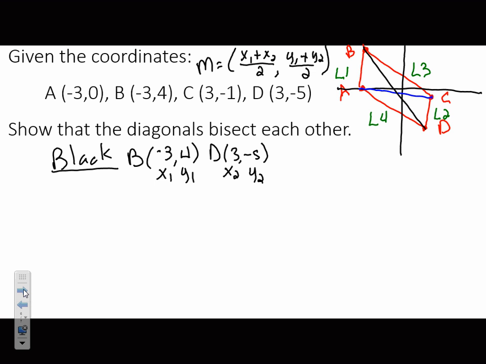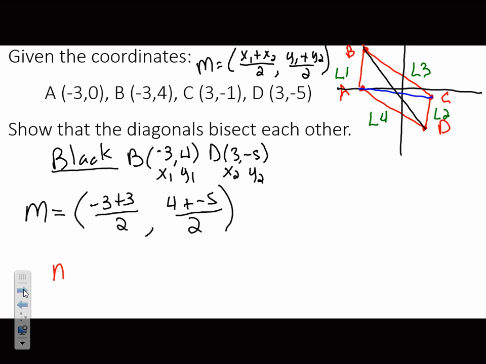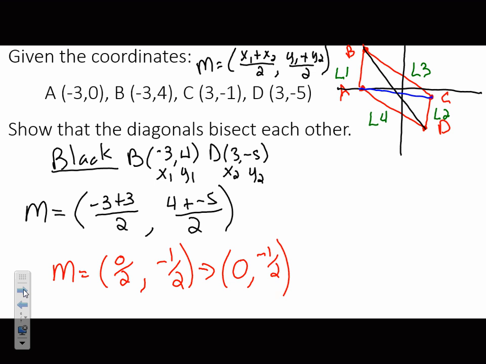So M equals negative 3 plus 3 all over 2, comma, 4 plus a negative 5 all over 2. Solve this, I'm going to get M equals 0 over 2, negative 1 over 2, and we can rewrite this as 0 and negative 1/2. That's the point in the middle of the black line.